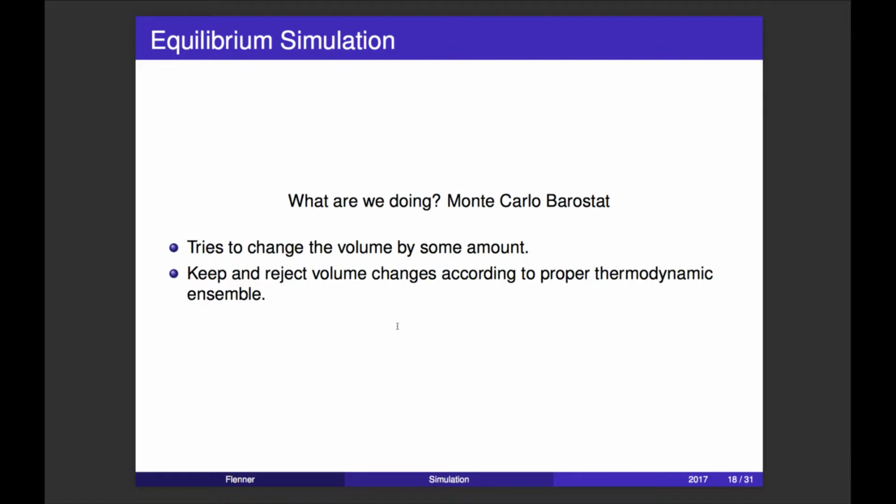You can actually do simulations this way to get average positions of particles, orientations, and everything, but its time dependence would be incorrect. So if you're interested in how things move, that would not be a good way to do it. But that's what the Monte Carlo barostat is doing for you.